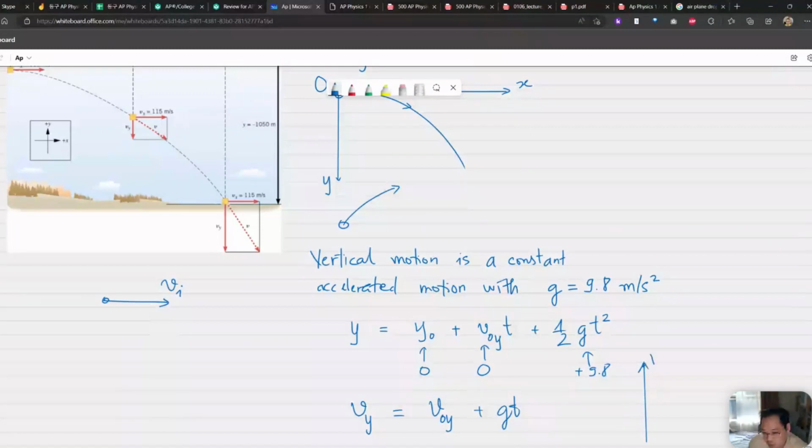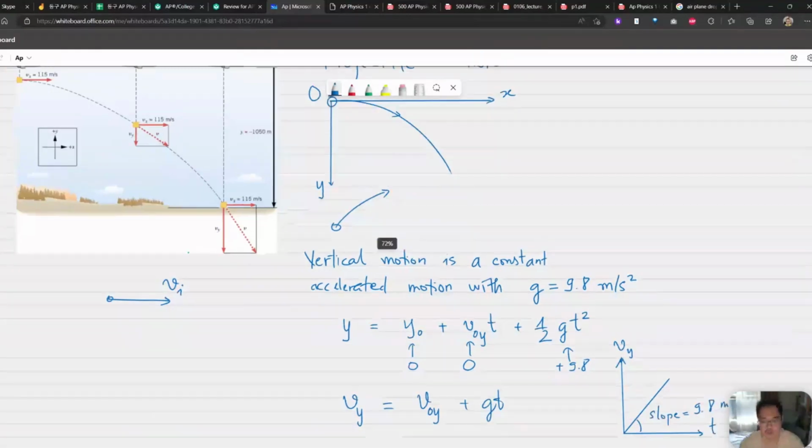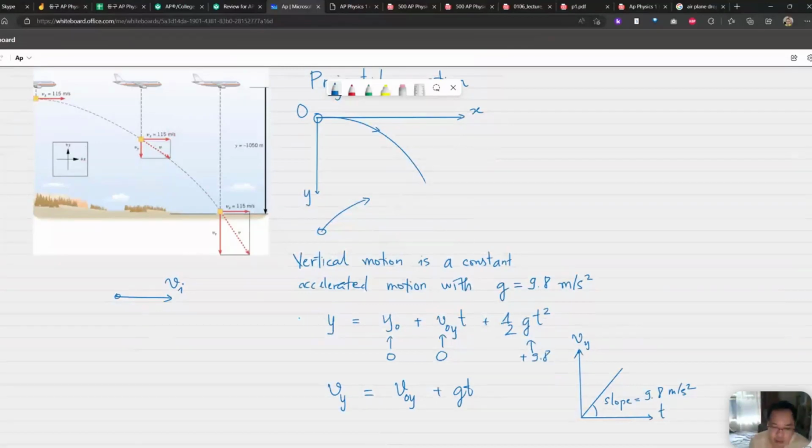This is the vertical velocity, Vy, this is the time, and the vertical velocity increases like this with the slope being the acceleration 9.8 meters per second squared. So this is the equation for the vertical motion.